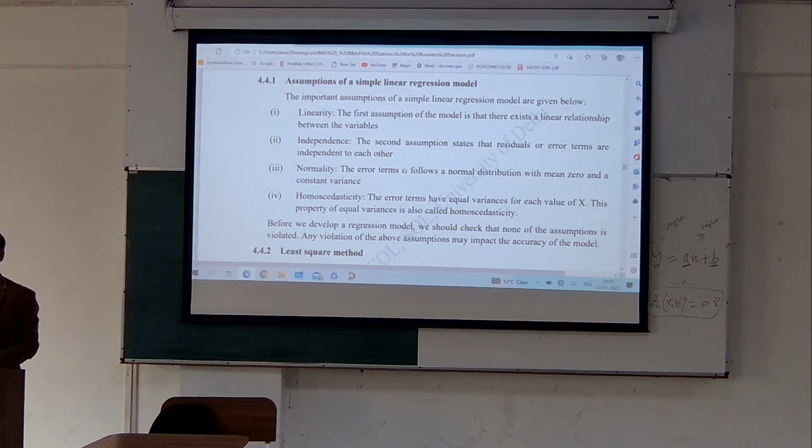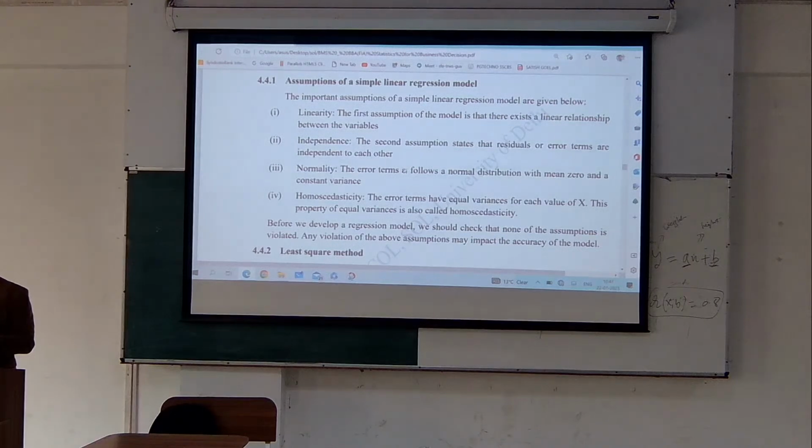Other types of relationship you cannot find using this. There may be some relationship, but you cannot determine that one. Only the linear relationship you can find. Independence. That means all the error terms.